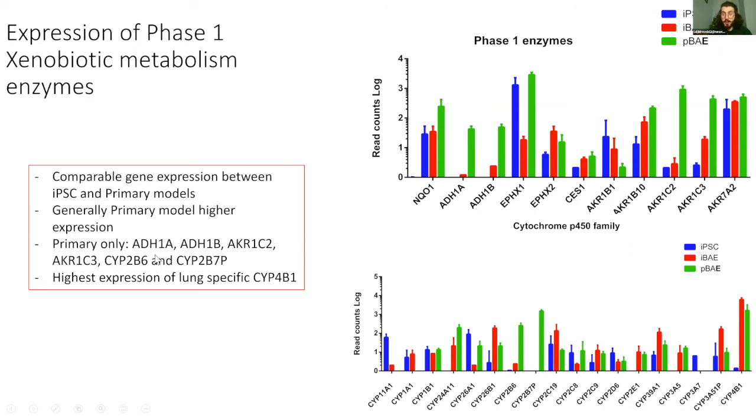In the primary only, we have alcohol dehydrogenases, AKR1C2, 1C3, and for the cytochrome P450 family, which is one of the main ones, we have CYP2B6 and CYP2B7P, which are not expressed by our model, which shows that there are still some limitations. However, when we look at the most expressed one, it's CYP4B1, and CYP4B1 is a lung-specific CYP, which further shows that it is a lung model that we're looking at here.